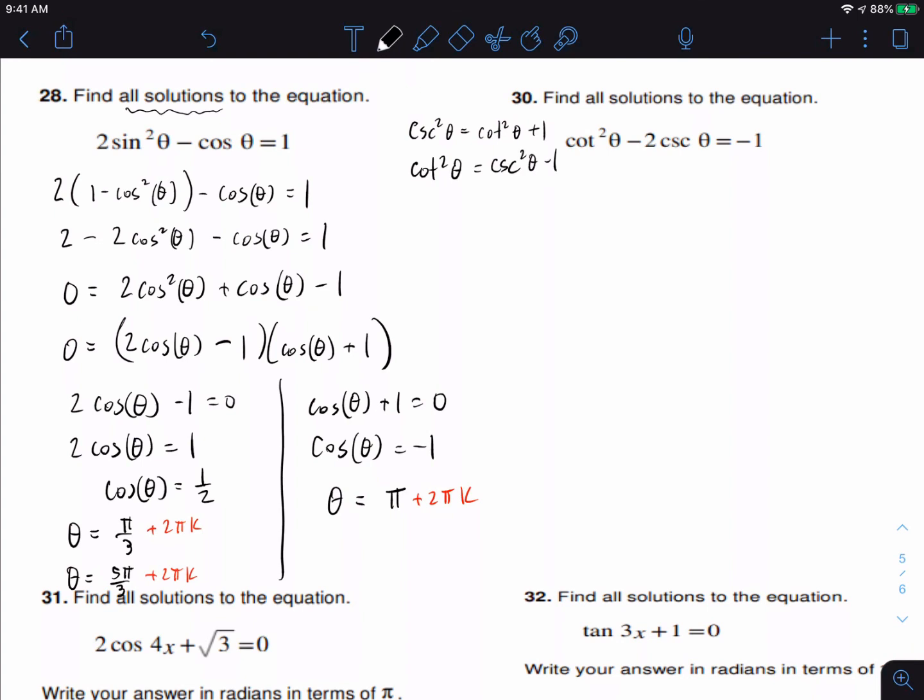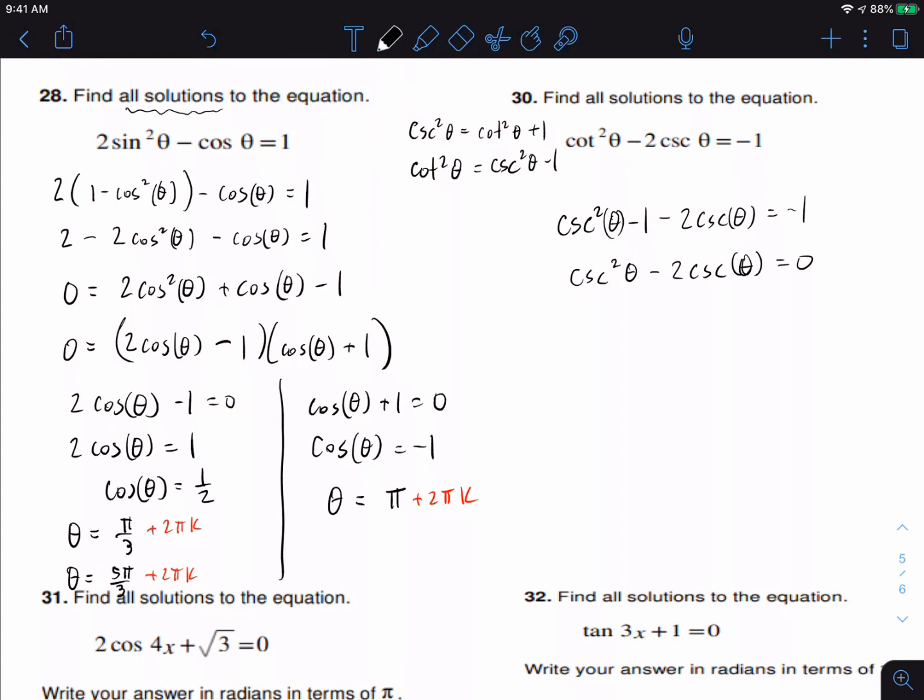Okay, so then I'm going to rewrite that to be cosecant squared theta minus 1 minus 2 cosecant theta is equal to negative 1. Now, adding 1 to both sides, I'm going to end up with cosecant squared theta minus 2 cosecant theta is equal to 0.